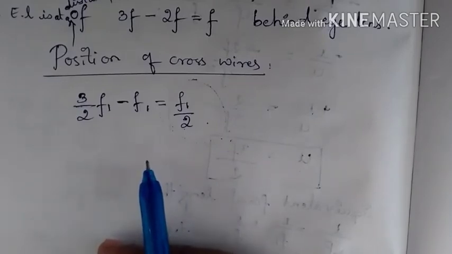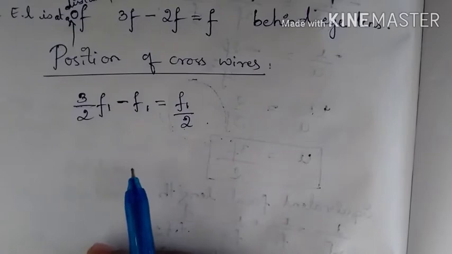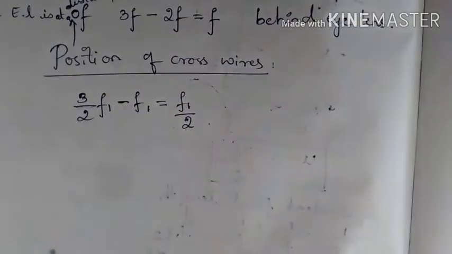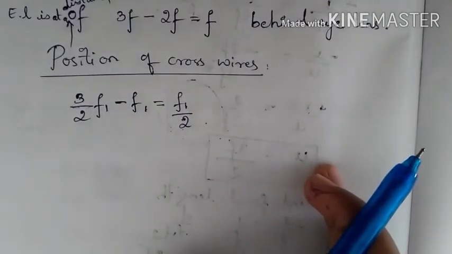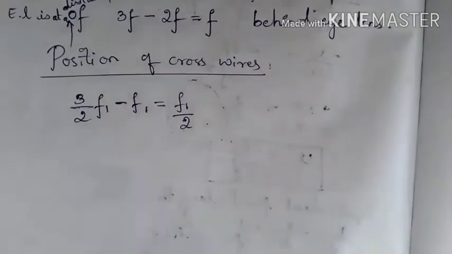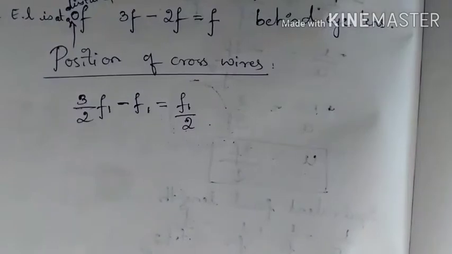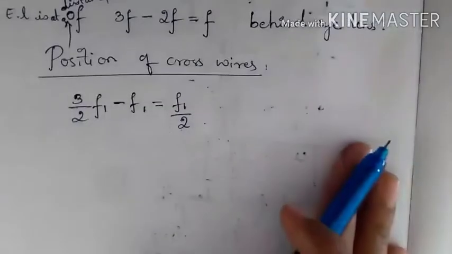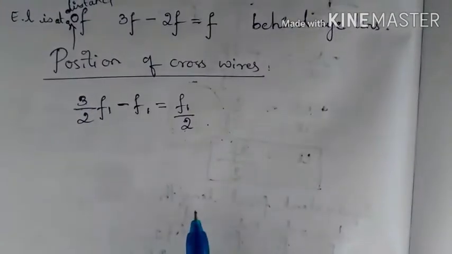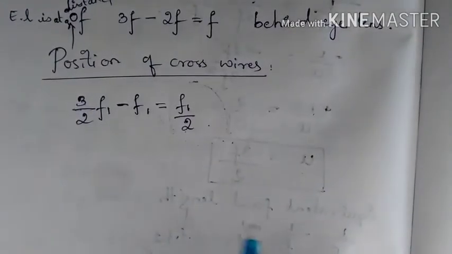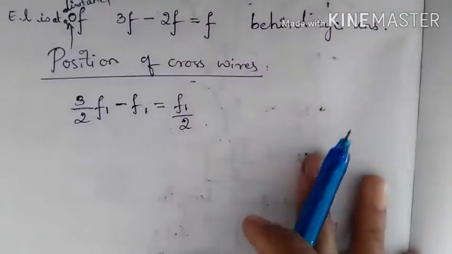And the field lens has a focal length 3f, and the eye lens has the focal length f. So AB is lying at a distance 3/2 f1, and that serves as a virtual object. So the image which is formed from the objective lens is the virtual object.